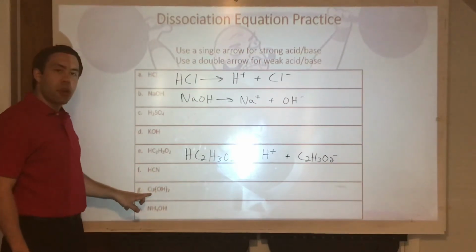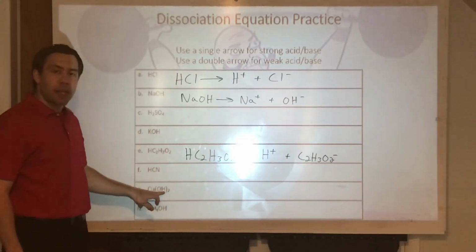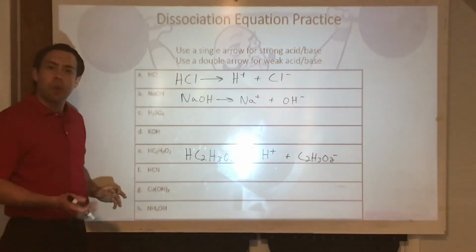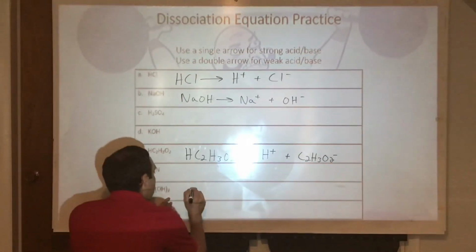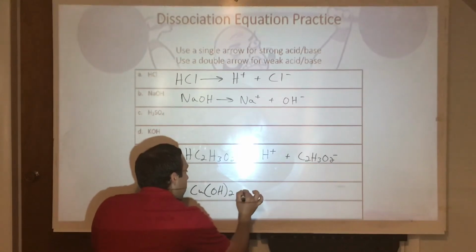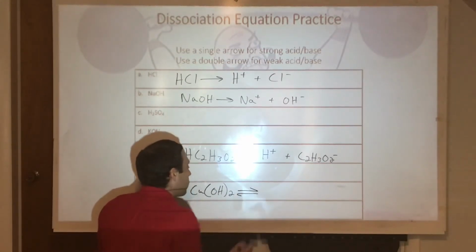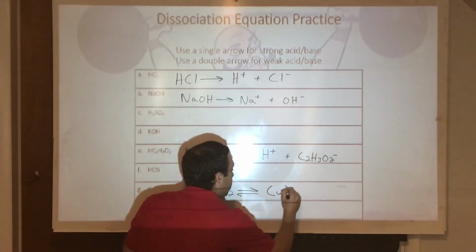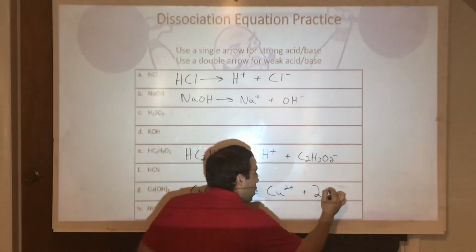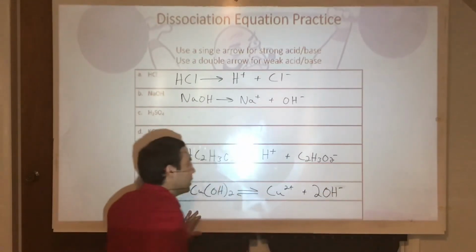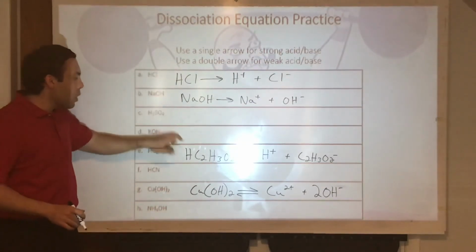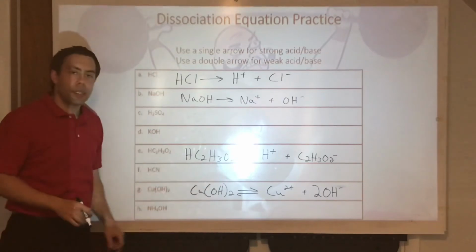Let's jump down to letter G, copper hydroxide, a very weak base, so we will use a double arrow for the weak base. So we have copper hydroxide, Cu(OH)2, double arrow goes to copper 2 plus, there's two hydroxides, so we're going to write 2 OH minuses. Once again, strong acids get a single arrow, weak acids and bases get a double arrow.